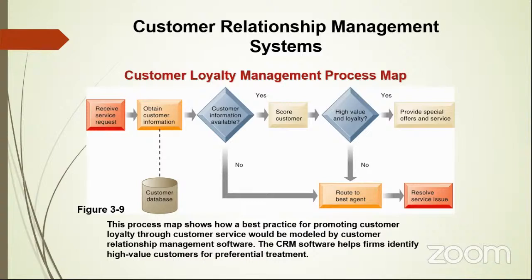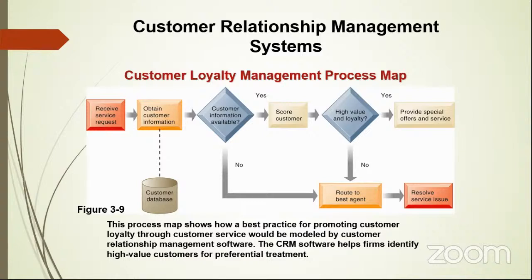So you can obtain customer information, and for each customer, score that customer to figure out which ones have the highest value, as in the ones who buy the most products that lead to the most profitability. And if the person has the highest value, then you route that person to the best agent of all the agents in the company.